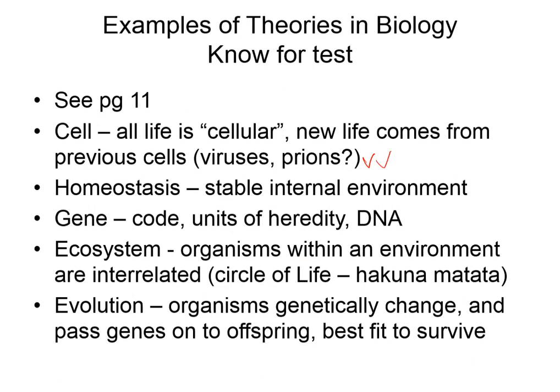What about ecosystem theory? That is, organisms within an environment are interrelated. These things, you need to memorize them. Then we have evolution theory, which says organisms genetically change and pass genes on to offsprings, and the best fit will survive. That's evolution theory.